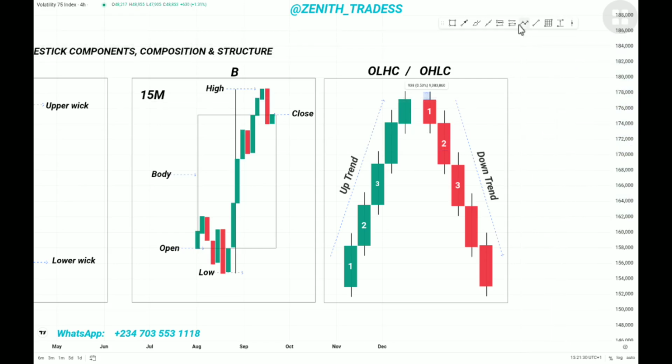The same way, in a bearish scenario, we have open, high, low, close, the opposite. We see here, this is bullish: open, low, high, close. For bearish: open, high, low, close. So it's directly opposite. Where candle 1 closes is where candle 2 opens: open, high, low, close.